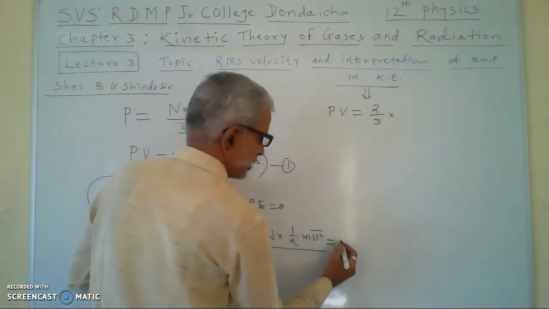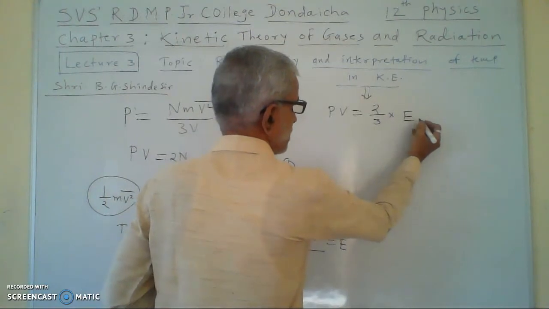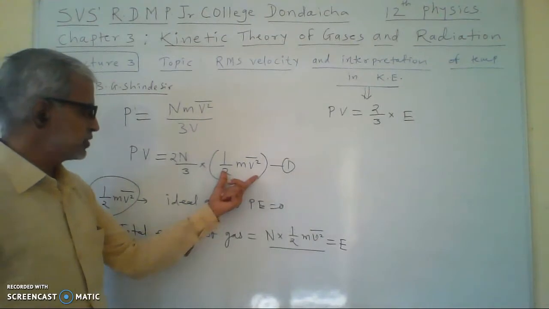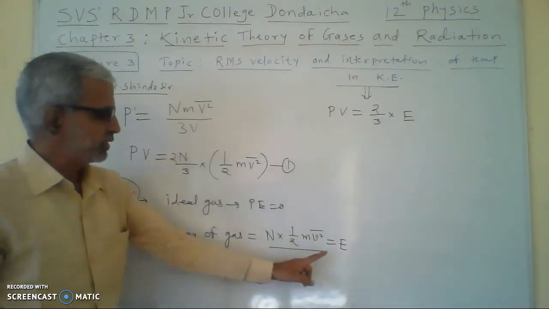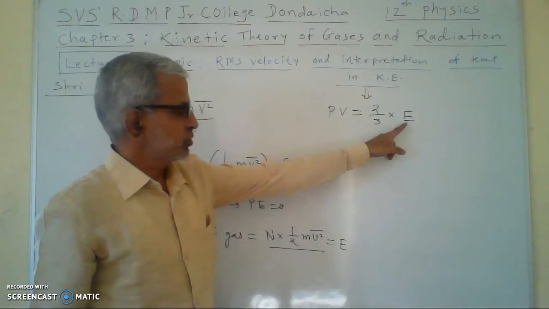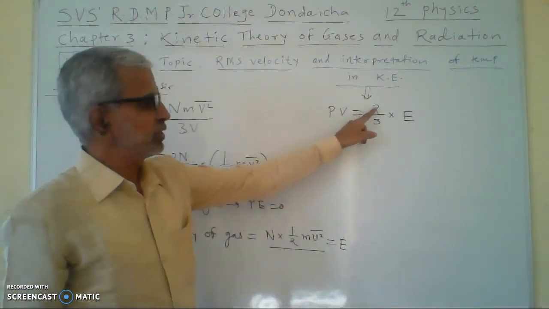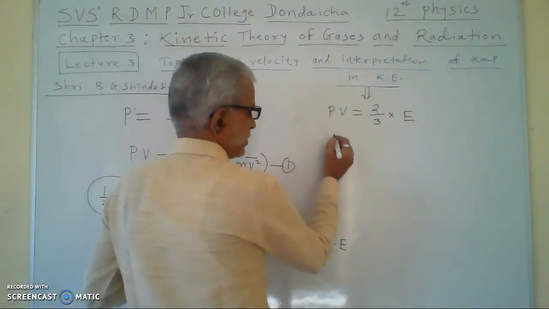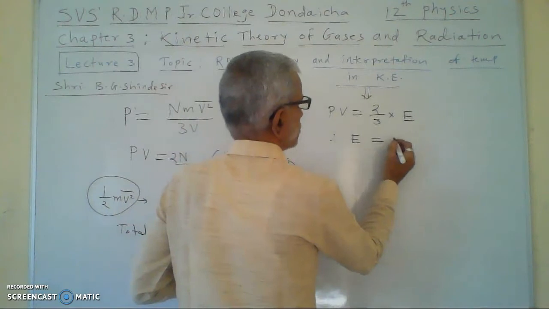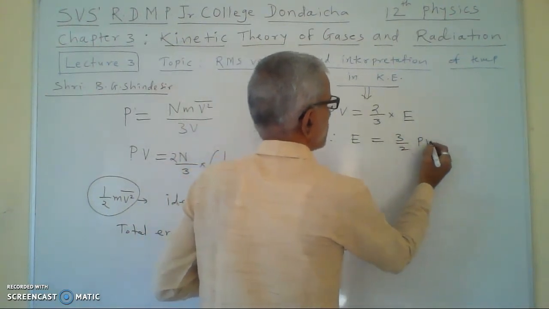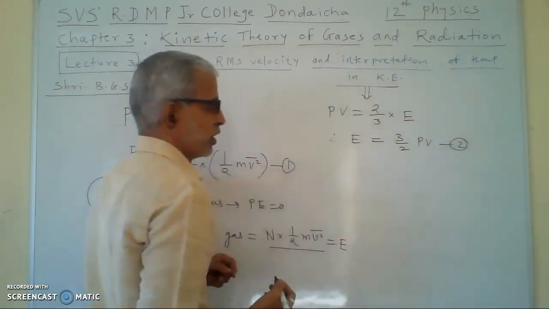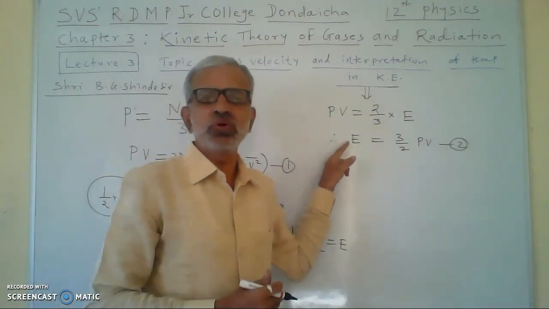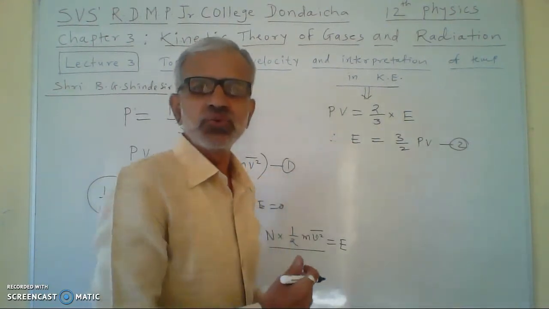It is denoted by capital E. So this is E, because n into 1/2 m v square bar, this is 1/2 m v square bar multiplied by n, and it is equal to E. So we write this equation as PV equal to 2/3 multiplied by E. Now we can write this equation again as E equal to 3/2 PV. Say this is equation number 2. Means this is the total energy of the gas. Total energy of all the molecules of the gas will be given by equation 2.